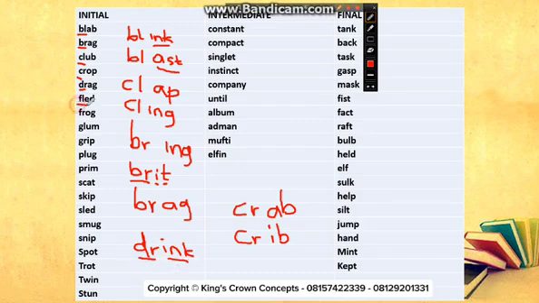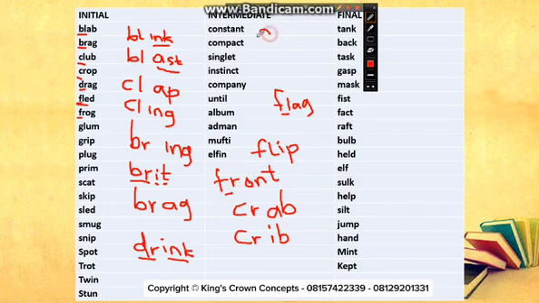The next one we have blend fl, as in fled, as in flag also, flag, as in flip, blend fr, as in frog, as in front, also as in frit.